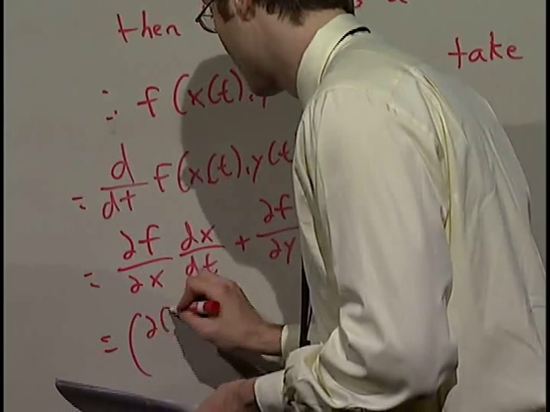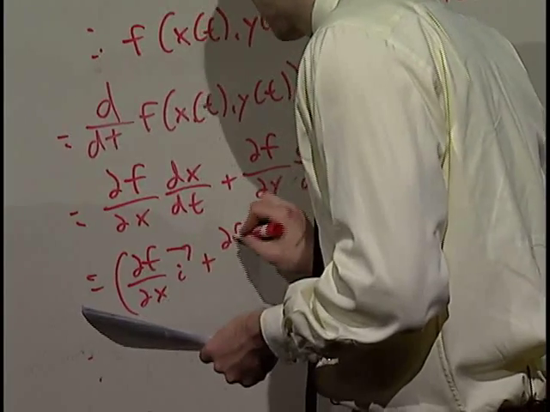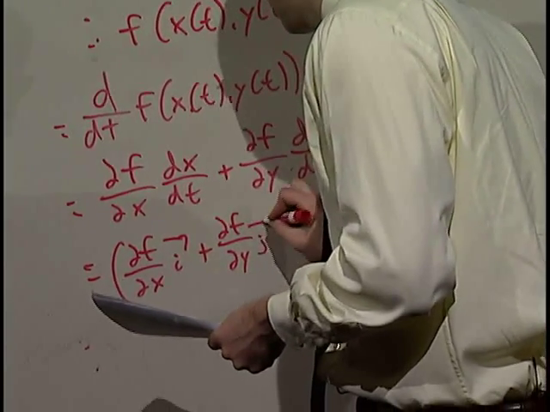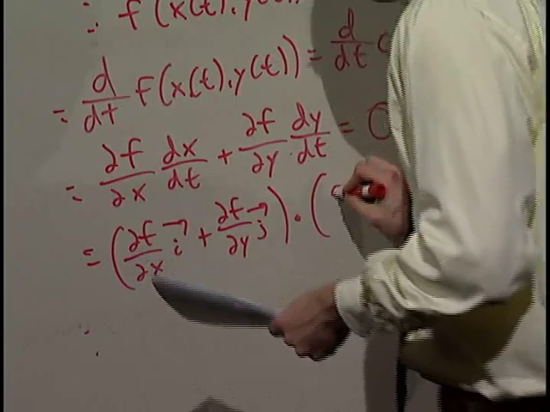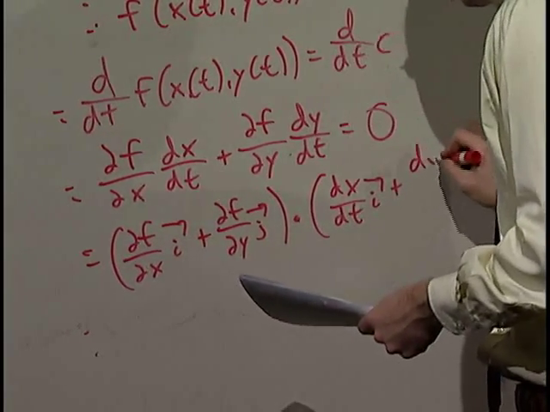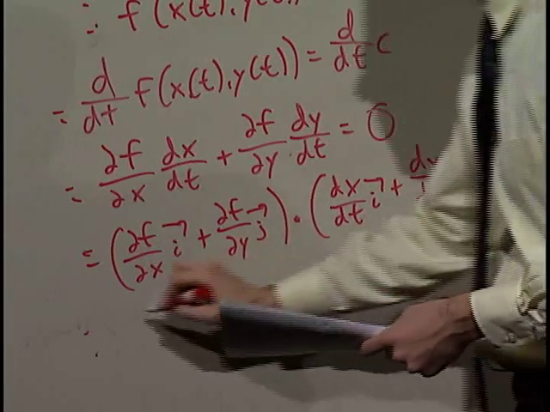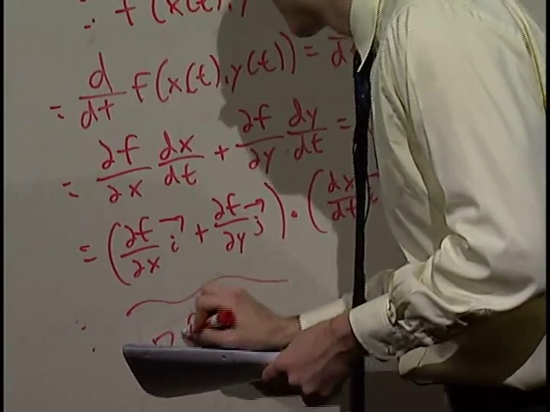And you can move this around, make it a dot product again. So this is partial f partial x i plus partial f partial y j, dot dx/dt i plus dy/dt j, right? Okay, so there's the gradient again.